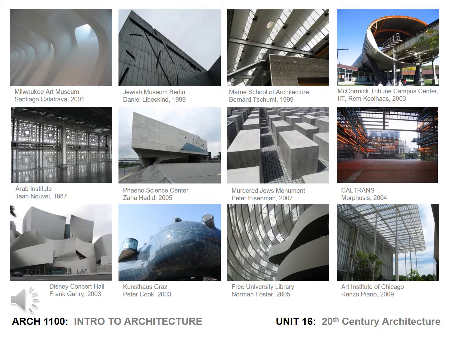The Kunsthaus Graz by Peter Cook falls into a line of buildings that became popular in the early 2000s, known as blobs. Some people refer to this style of architecture as blobitecture, but really it relates to these forms that are exploring digital technologies. A number of architects at this time really believed that the computer was not just a tool, but perhaps a new medium in architecture, and that architecture should reflect the types of shapes and forms that could only be understood, visualized, and conceptually created with the use of digital technologies.